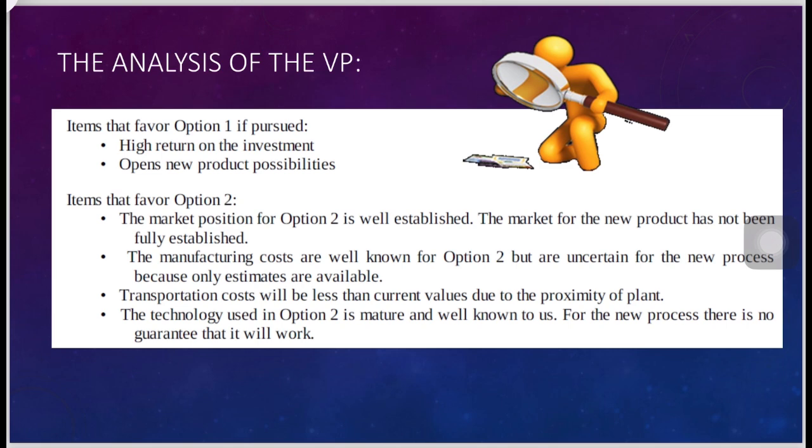The manufacturing costs are also well known in option 2, but uncertain for the new process. Transportation costs will also be less than the current values due to the proximity of the plant, and the technology used in option 2 is mature and well known for the company. For the new process, there is no guarantee that it will work.